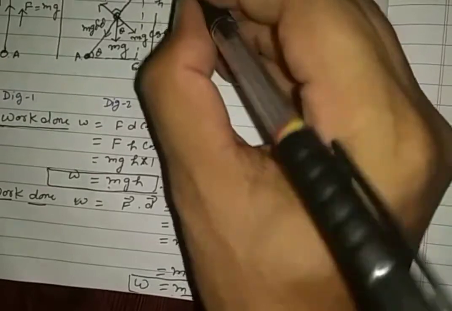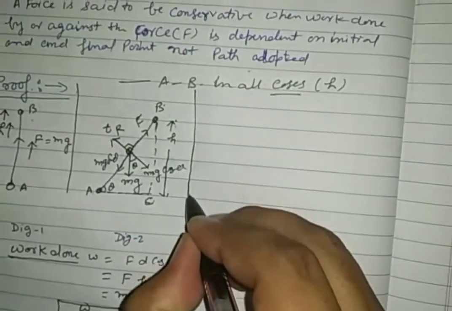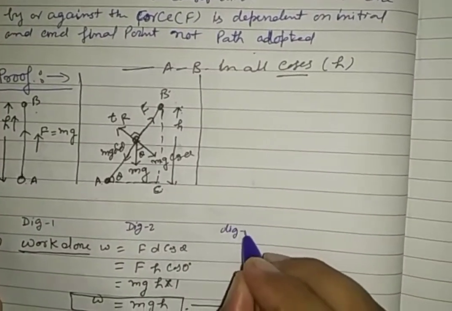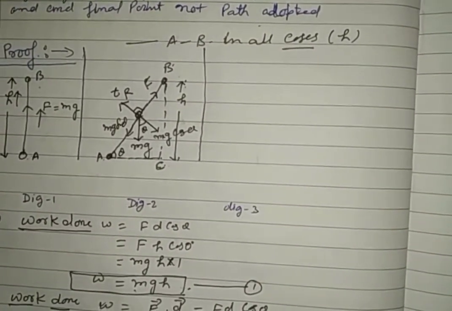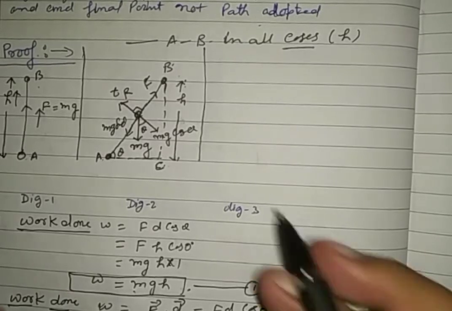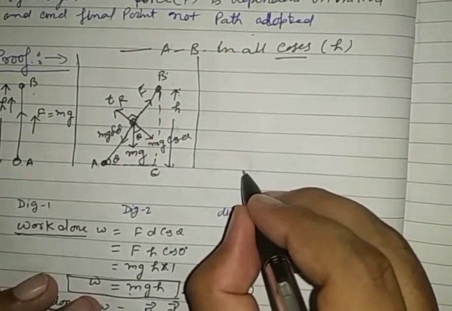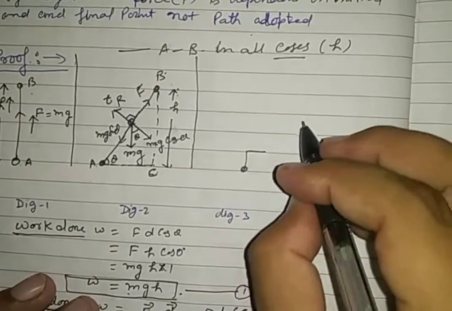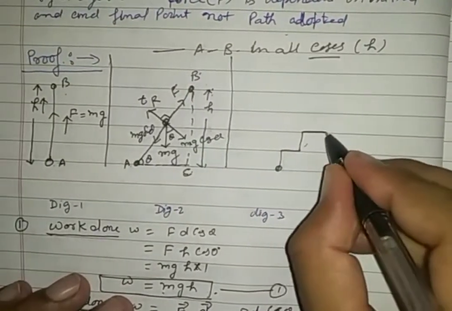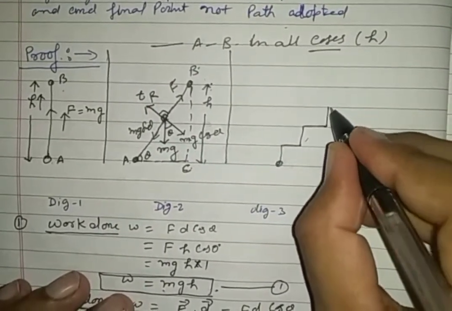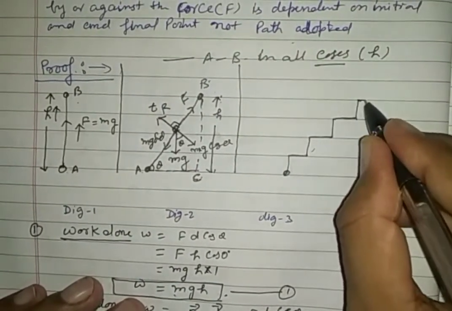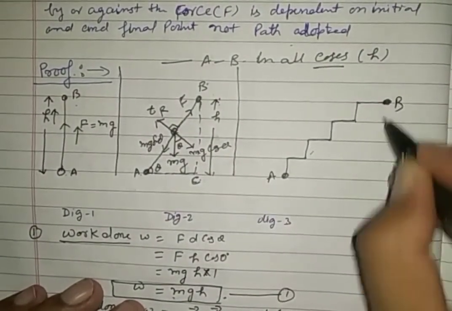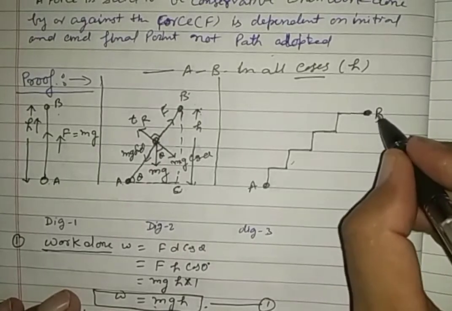Now we are going to see the third diagram in which the body is lifted from A to B in the case of staircases, in such a way that, see very carefully, the ball is uplifted from A to B using staircases.